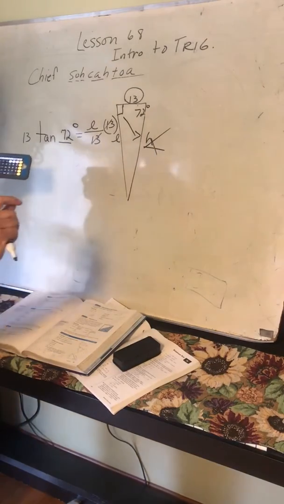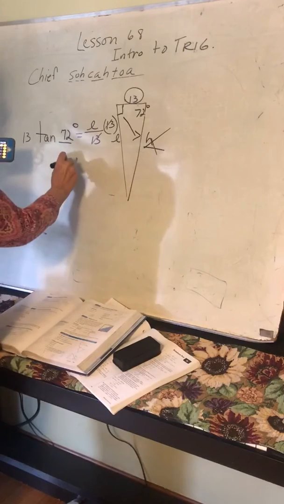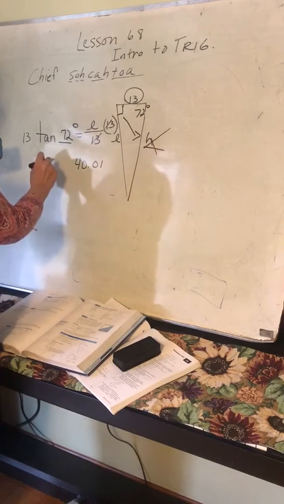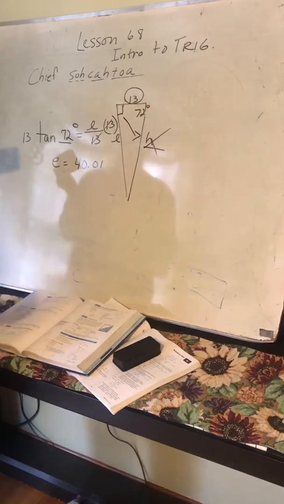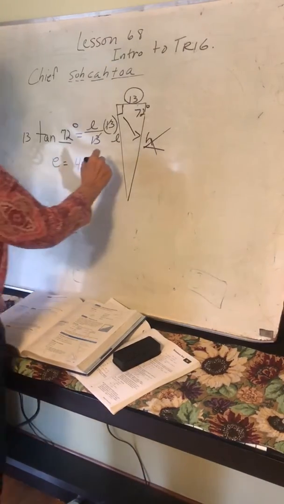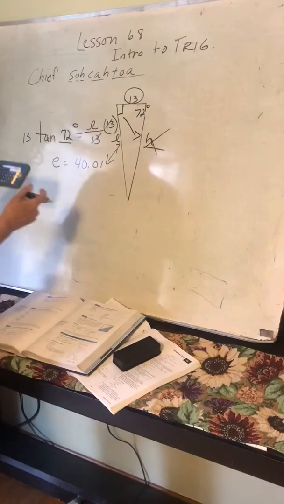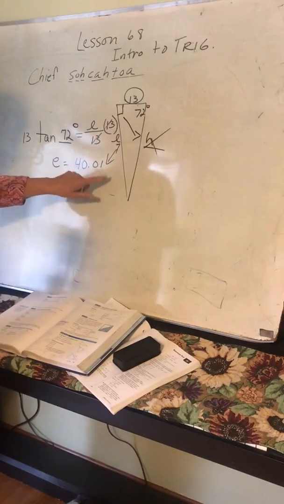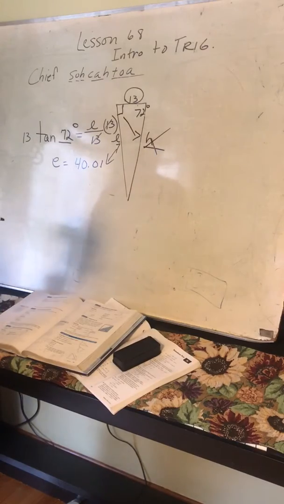And I get 40.01 for E. So that means this side is equal to 40.01. And you want to always go 2 decimal places out.